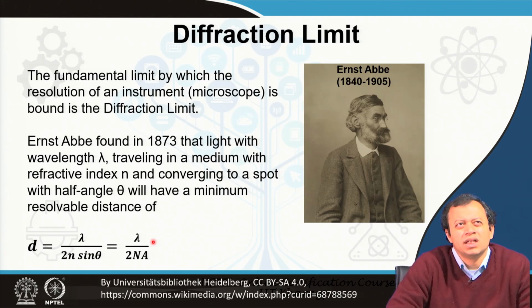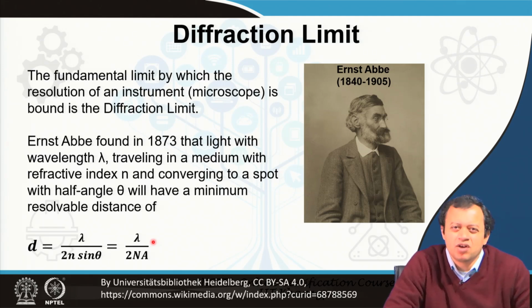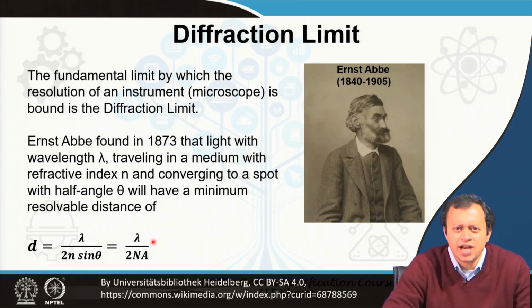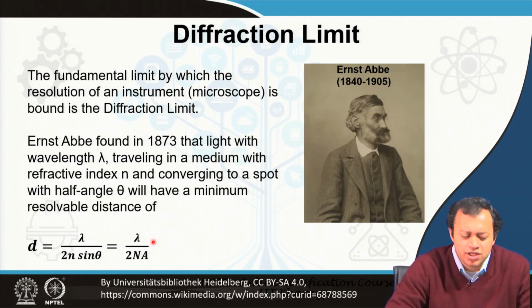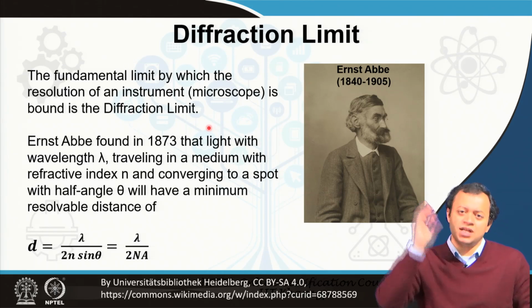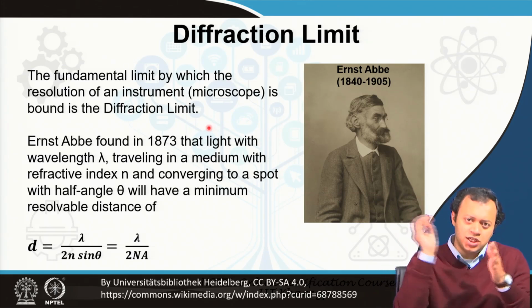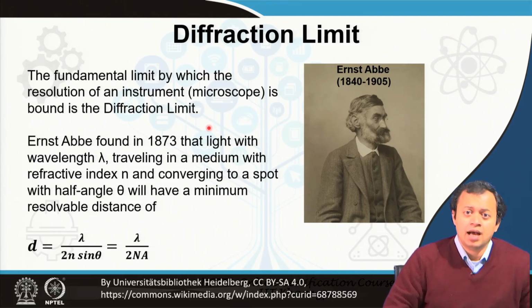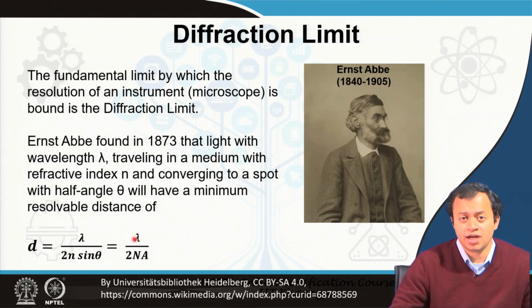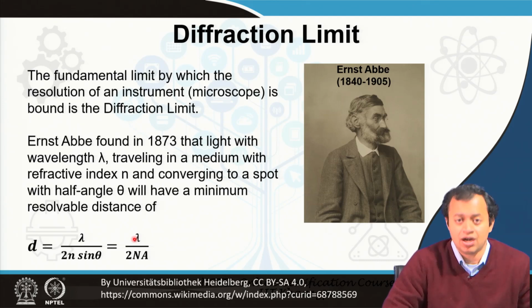Or say you have a wavelength of 650, 700 nanometer, red light, the wavelength of the laser by which you are illuminating your sample. The minimum distance you can resolve is lambda by 2, 700 by 2, that is 350 nanometer.